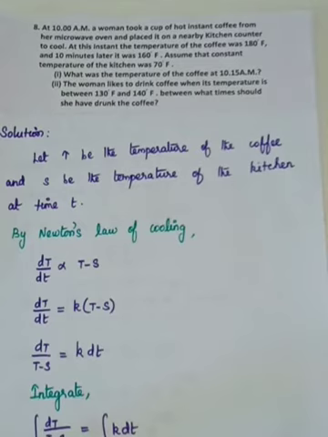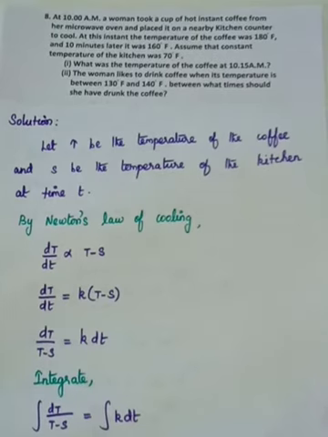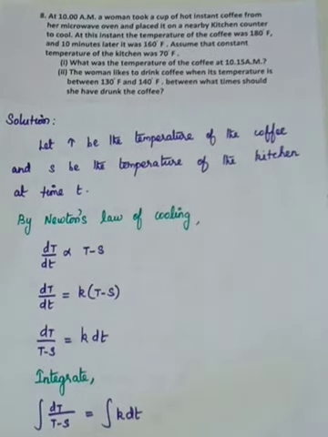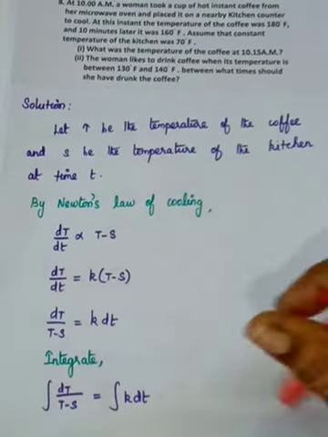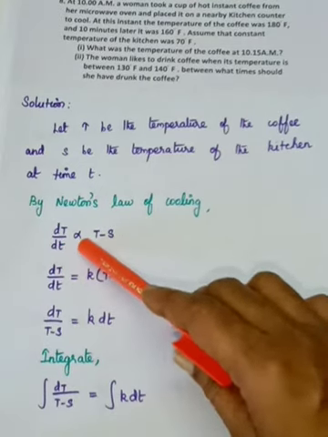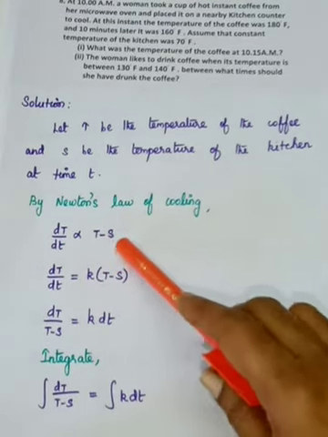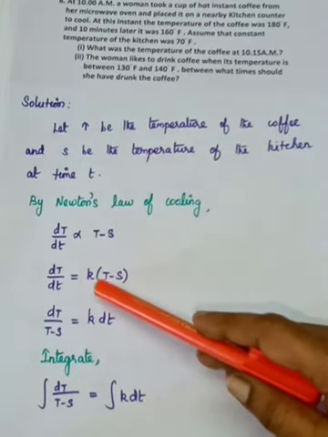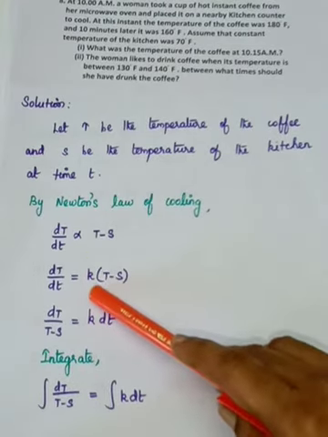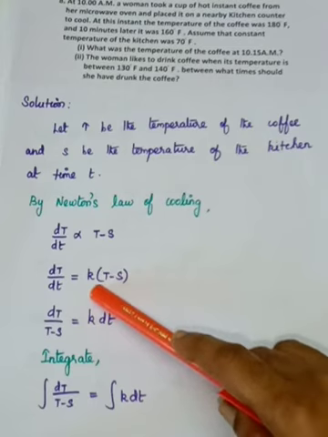Whatever it is, we have to declare the variables. T is the temperature of the coffee, and S is the temperature of the kitchen, that is the surrounding medium. So we have to use Newton's law of cooling. That is, the rate of change of temperature is proportional to the difference between the temperature of the body and the surrounding medium. From that, the proportionality is removed and the constant K is added.